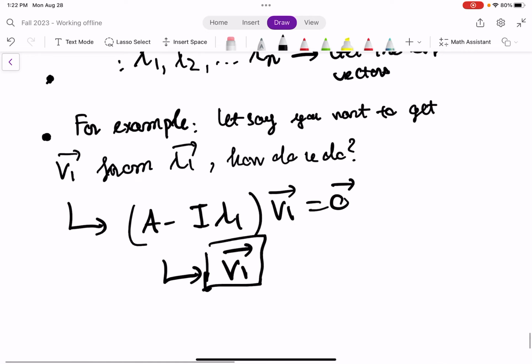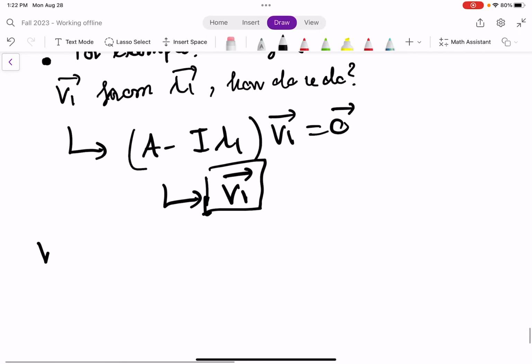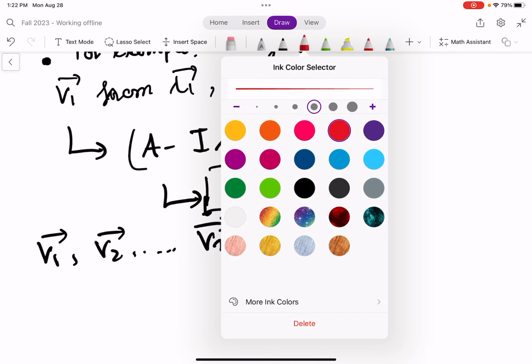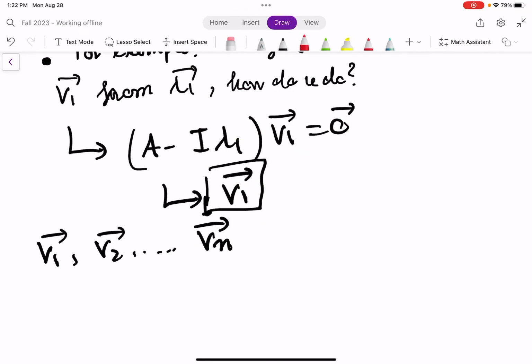And after you get v1, v2, all the way to vn, you can obtain P, because remember P is a collection of the eigenvectors. And that is it. That's how you get P.